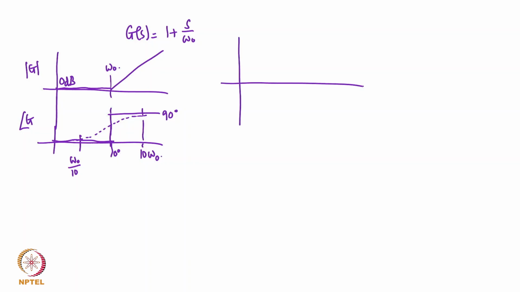Then in the total plot you can have a combination of poles and zeros. For example, if you have a pole at origin, it will typically look like this. It is falling at minus 20 dB per decade and having an infinite gain at omega 0, and then you have a zero coming. So this is one pole, then a zero comes here, then a zero comes here, and then you can have another pole coming, and then it goes like this, and then another pole comes, and then it goes like this.